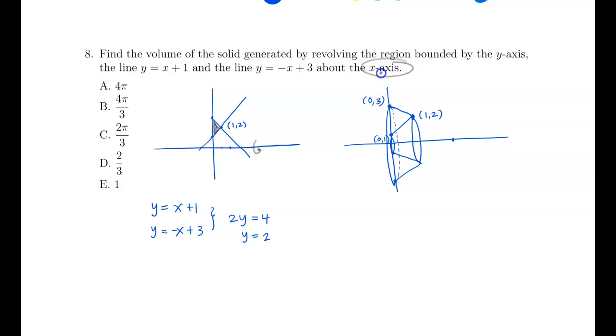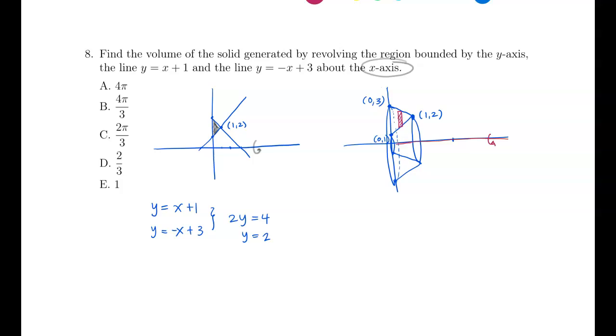If you have a horizontal strip here, that's not perpendicular to this line, it's parallel to that line. So therefore you don't use that. You would have to use a different strip, which is a vertical strip, that's perpendicular to the axis of revolution.